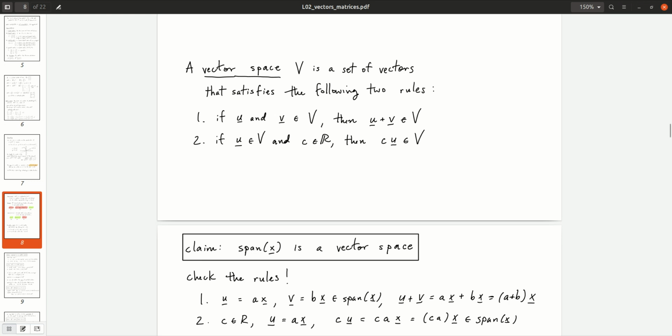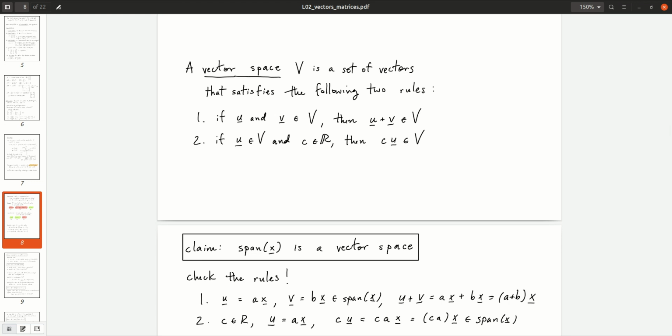So since we're going to say u is a member of span of X, that means that we can write it as some scalar a times X. And we're going to say v is also a member of the span of X. So that means you can write it as some other scalar b times X. And then we need to check that u plus v is also a member of span of X. So what that means is we're going to check that we can write u plus v as some scalar times X. So if we just substitute in what we're using for the definition of u and v, it's ax plus bx.